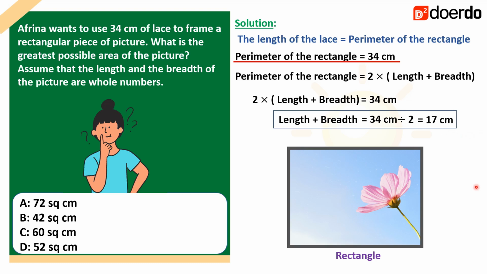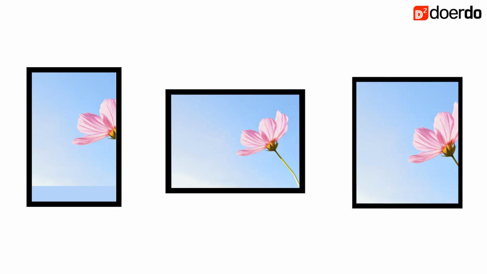We are going to find the area of the rectangle. The rectangular picture can be framed in any way. It can be framed like this, or like this, or like this. The one and only condition we know is the sum of the length and breadth of the rectangular picture is 17 centimeters.